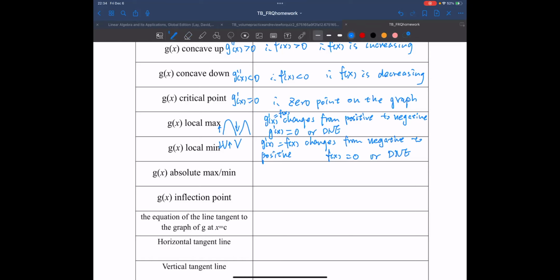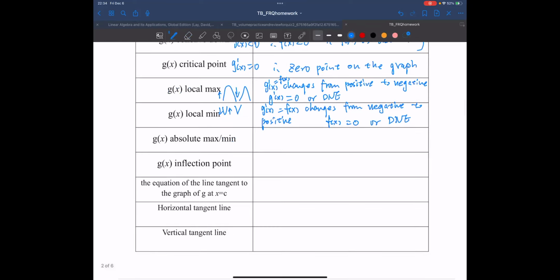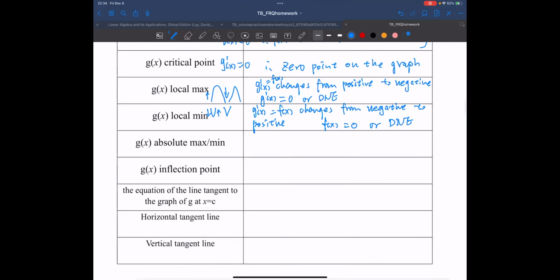About the absolute maximum or minimum, first of all, we look for local maximum or local minimum. That's the 0 point and where it changes sign.